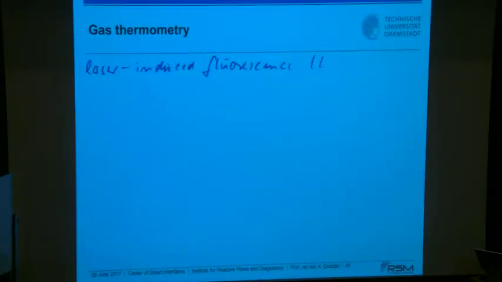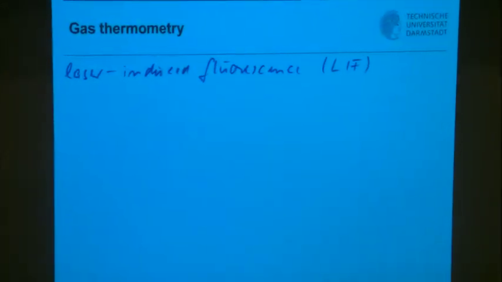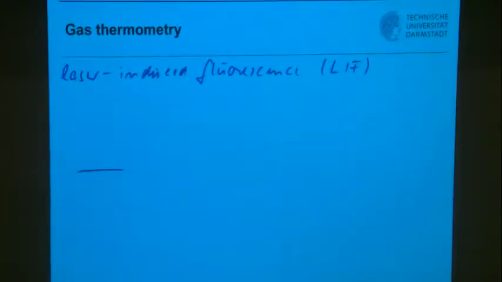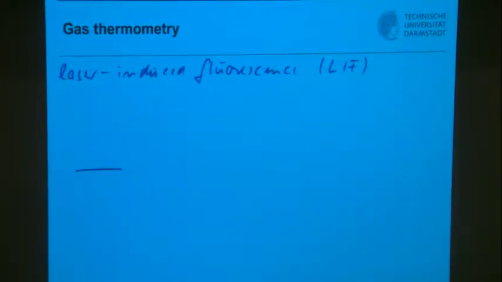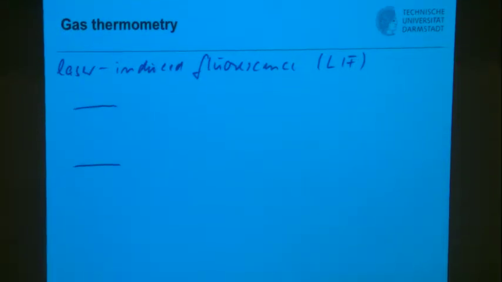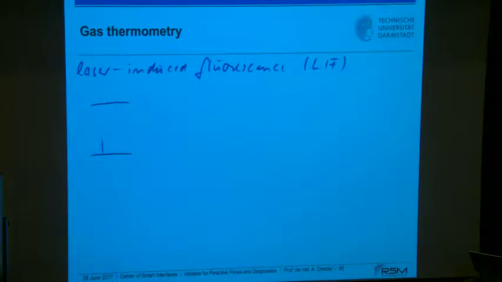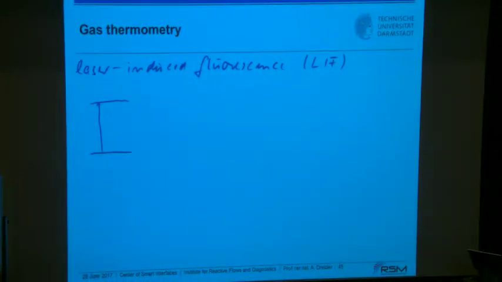Or in short, LIF. The basic idea is that you start from a ground electronic state and excite the first electronically excited state, with different J levels involved as well.